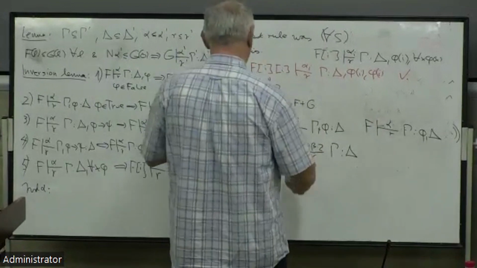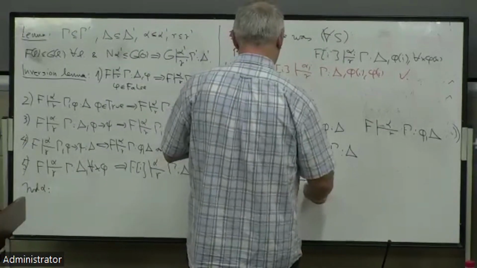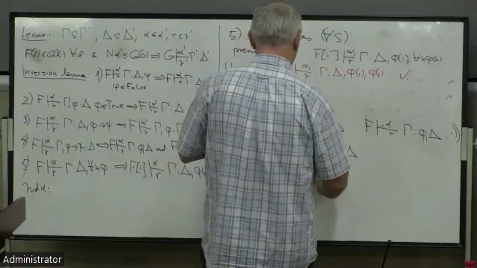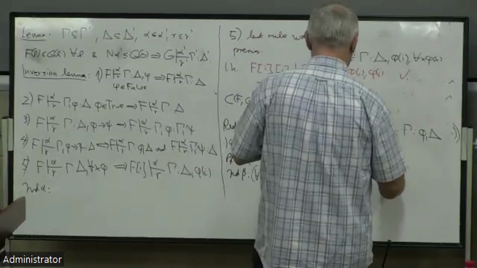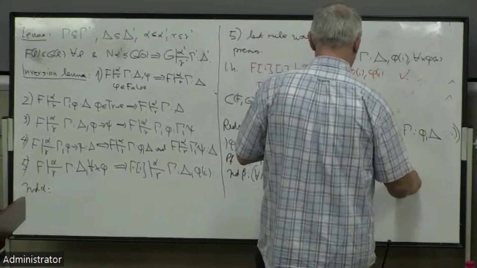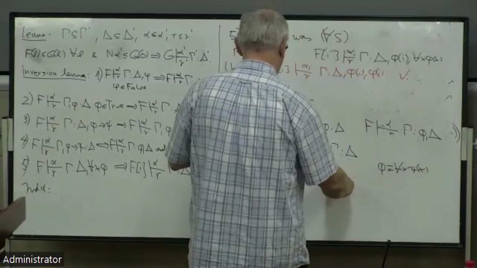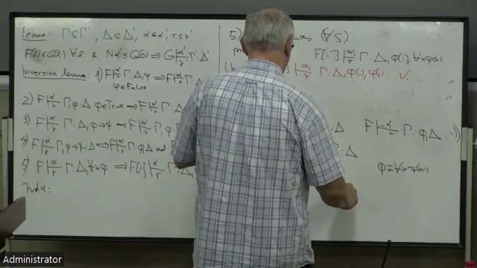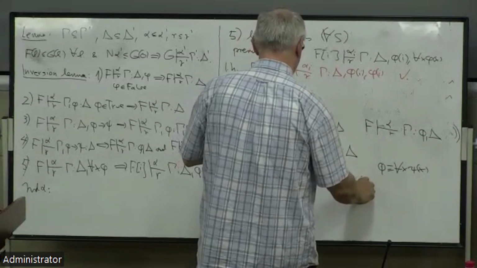We have G controls derivation of beta 0 R gamma. Let's assume phi has the form for all x psi of x. And we have here psi of k, phi, delta.